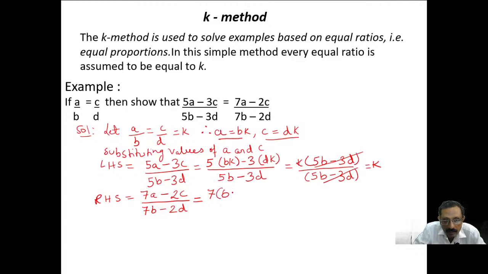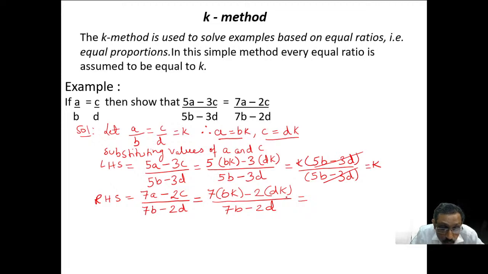BK, minus 2, what is the value of C given to me? DK, upon 7B minus 2D. This is equal to, now similarly here, if I open the bracket, what I get?